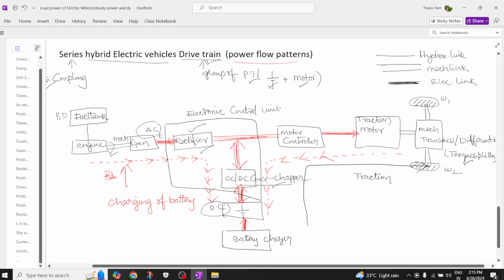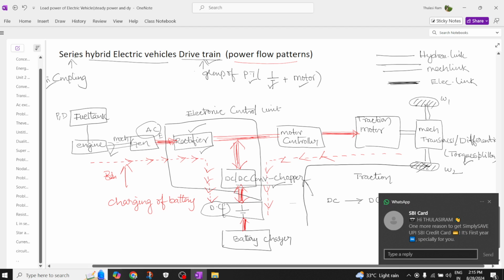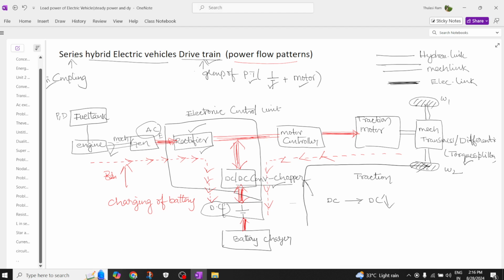So you know the different types of chopper. The purpose of the chopper is that we need to convert a fixed DC to variable DC. This variable DC is useful to charge the battery.